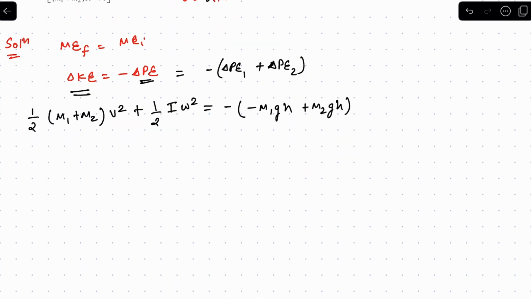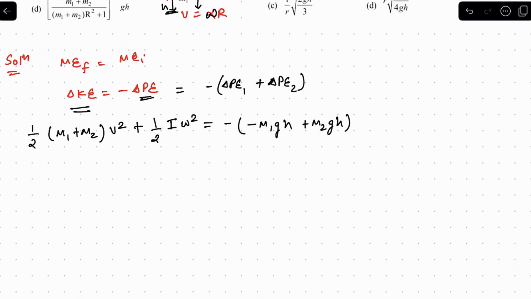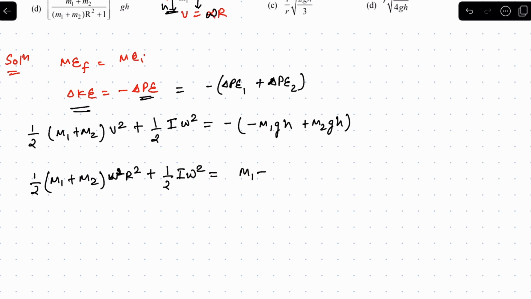Since v equals omega r, to get omega I write half m1 plus m2 times omega square r square plus half I omega square equals, multiplying the negative inside, m1 minus m2 gh.